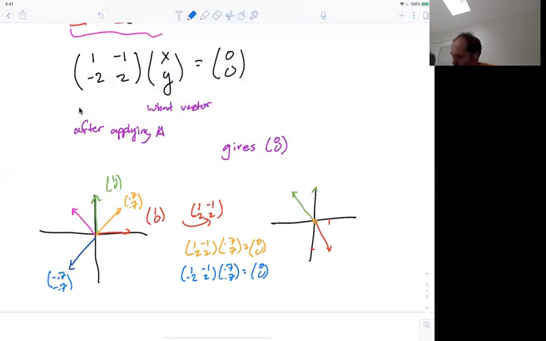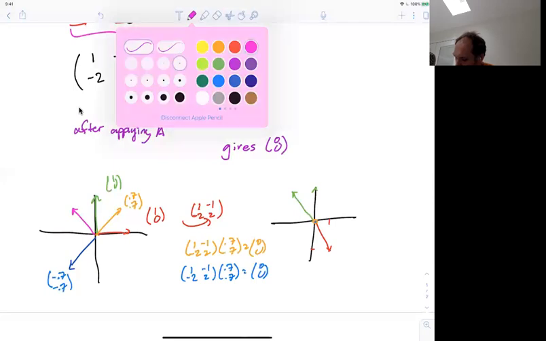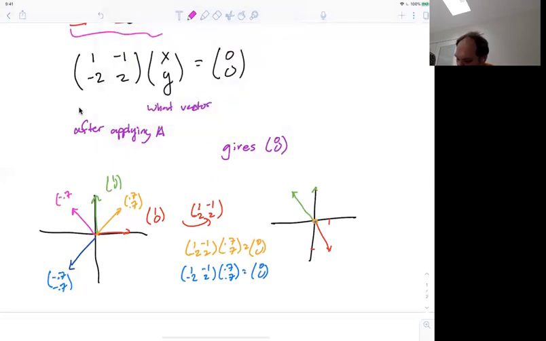So the blue vector goes there, and the pink vector, this is minus 0.7, 0.7. What will we end up with? We'll end up with minus 1.4 and 2.1, so you'll end up with something over here.